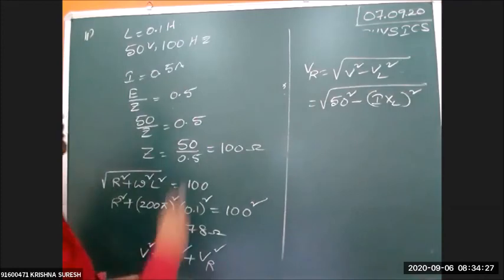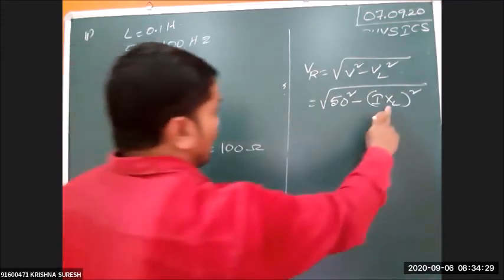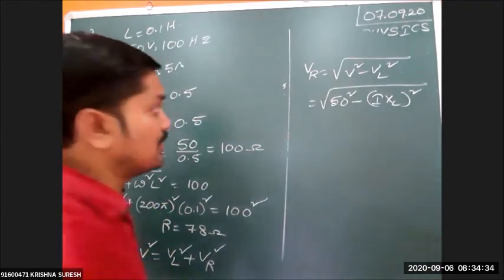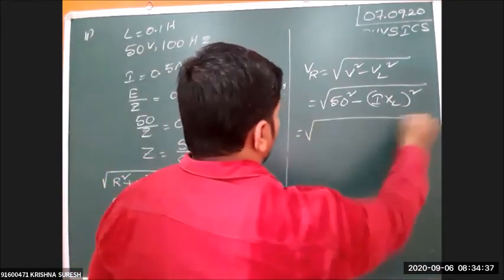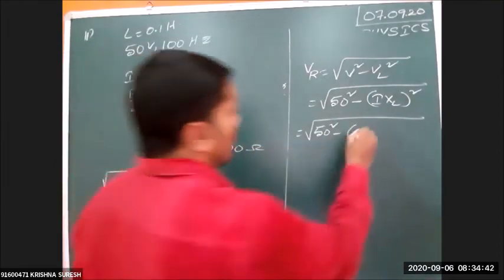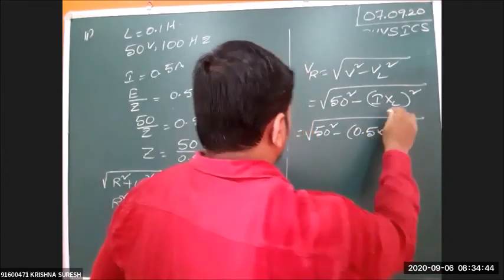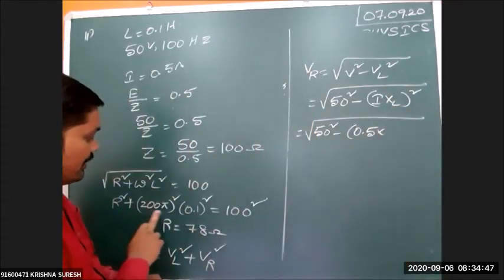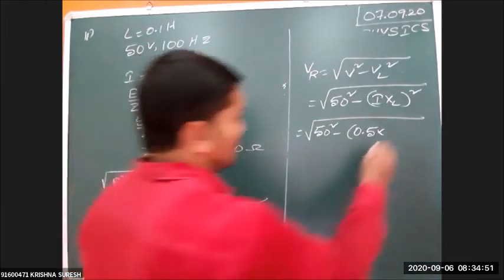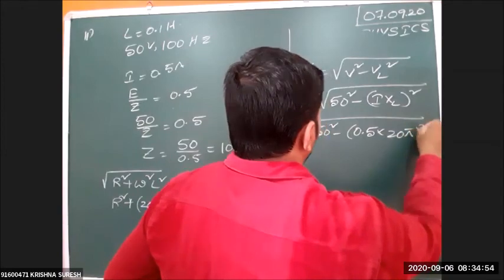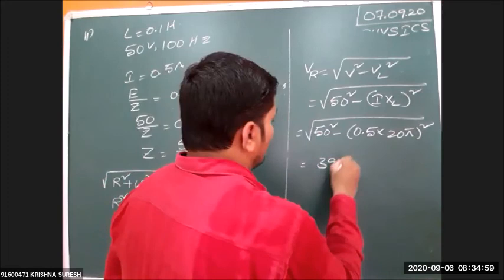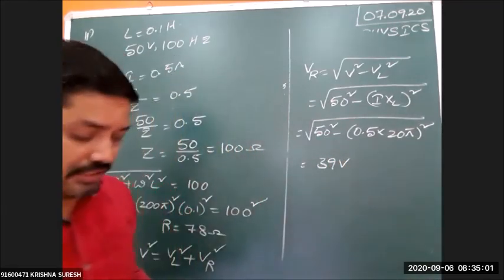I value is 0.5. XL can be written as L omega, that is 20 pi. Then we can write this as 50 square minus 0.5 into L omega, where omega is 200 pi into 0.1, so that is 20 pi, whole square. Then if you simplify that, you will get this value as 39 volts.